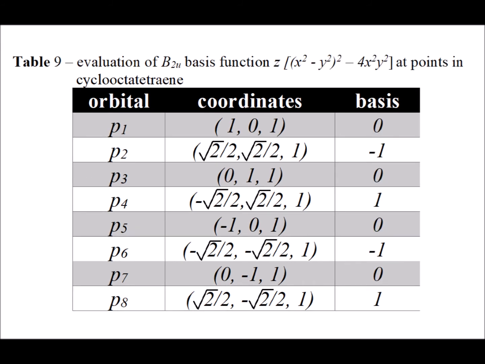And in table 9, we do the same process for the B2U basis function to get the appropriate coefficients. Notice that some of the coefficients are 1, some are minus 1, and some are equal to 0. So it is distinct from the A2U combination, which it has to be.